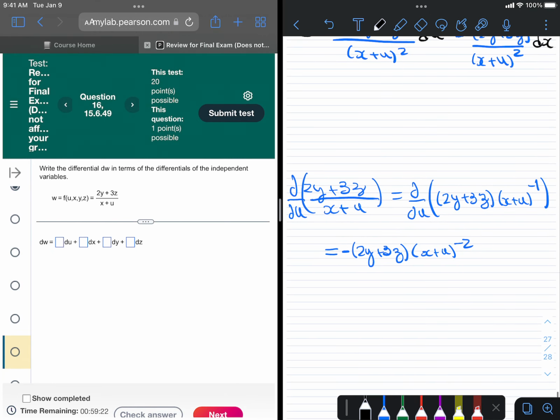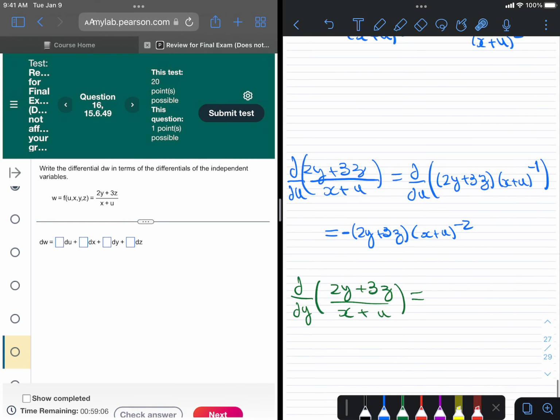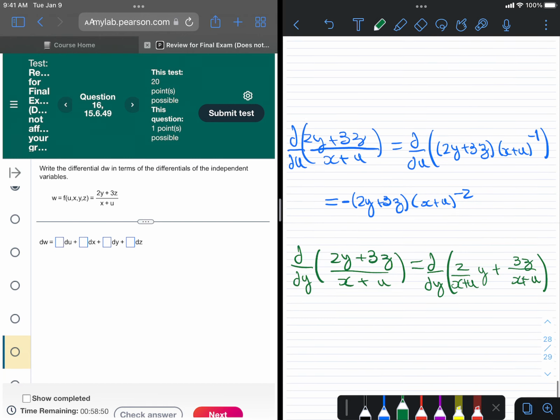When we derive with respect to y and to z, it's also very, very simple. Derivative of that with respect to y. Remember, we're assuming everything else is a constant, so we're deriving this expression. It's as if we have this plus that.